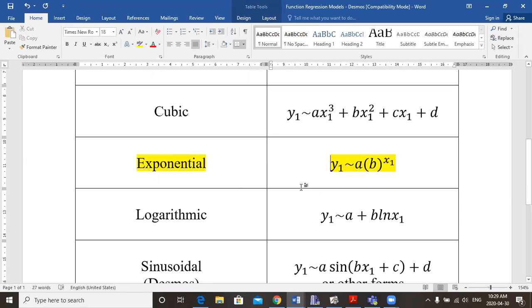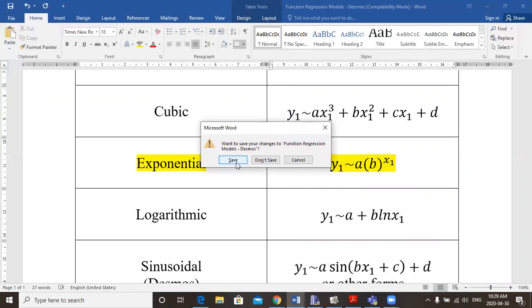So the exponential regression model for Desmos is y1 tilde a times b to the power of x1. Notice there's still y1 and x1, and x is in the exponent position. So this is what we'll be typing into Desmos in order to get our regression model.